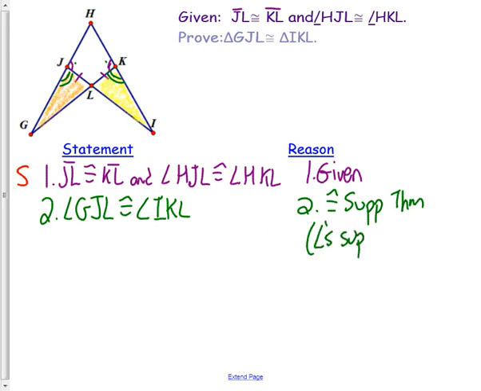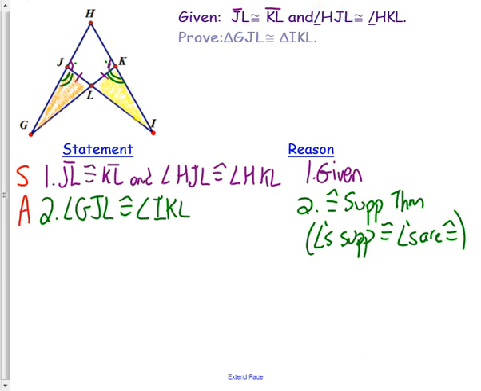Angles supplementary to congruent angles are congruent. If you couldn't remember the name of it, you could always write what I have in parentheses here. And so we have those two angles are congruent. That gives us an angle.